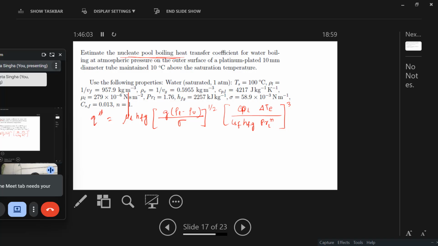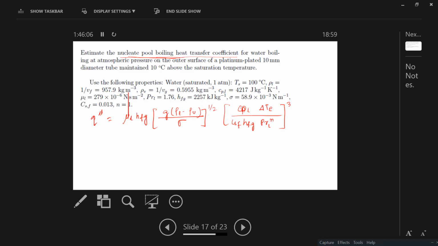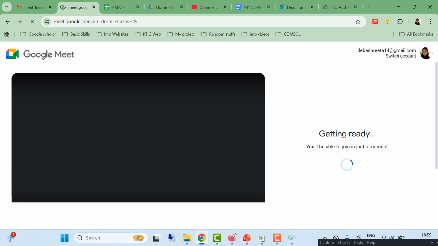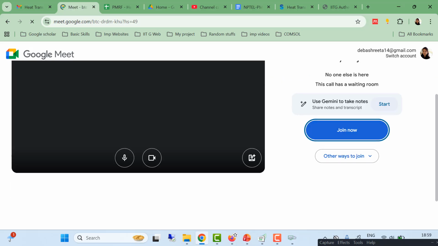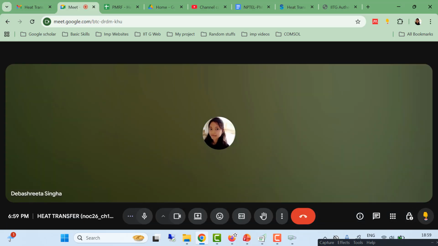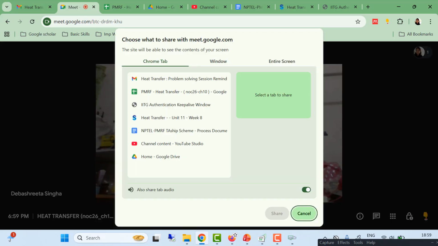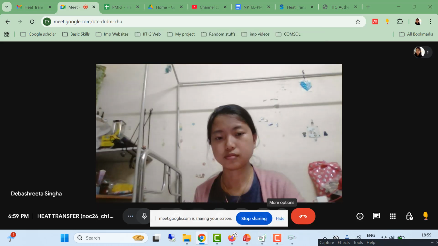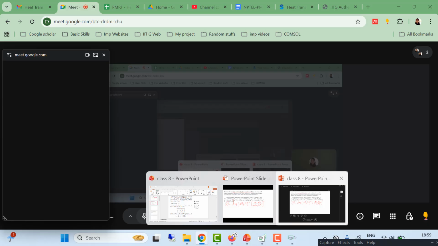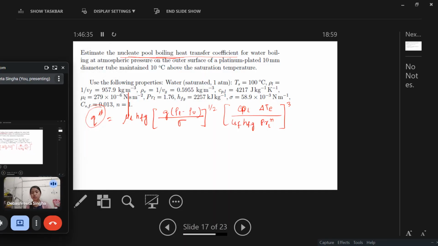Now what we were asked to find is to estimate the heat transfer coefficient. So this is the equation for the heat rate, but we need to find out the heat transfer coefficient.